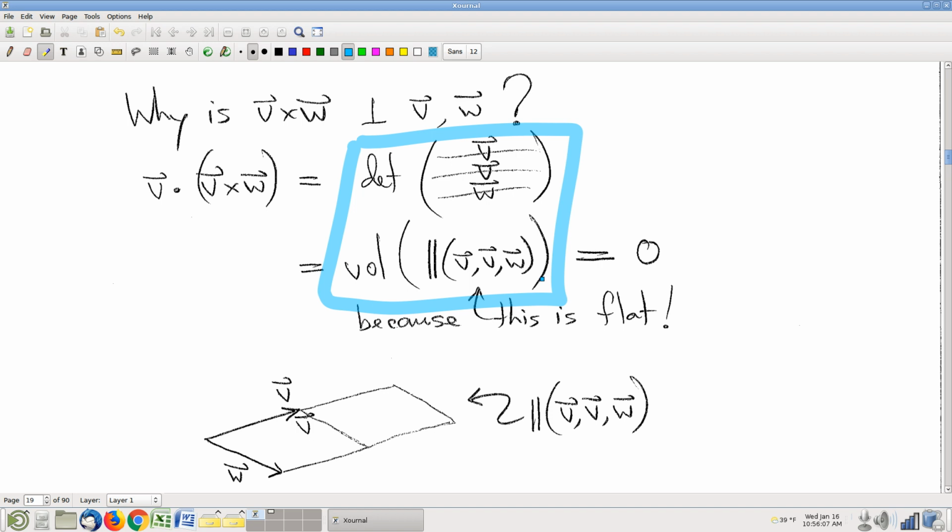Oh, wait a second. These vectors, as listed, two of them are the same vector. So I have V, V, and W. And if you make a parallelepiped by taking three vectors, two of which are the same vector, you get a flat parallelepiped. This is a cardboard box ready for recycling. Right, smushed down.